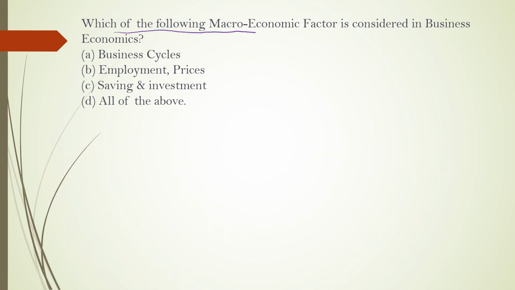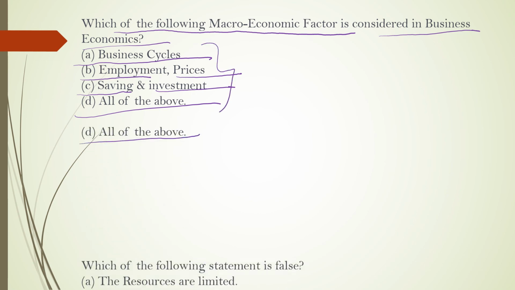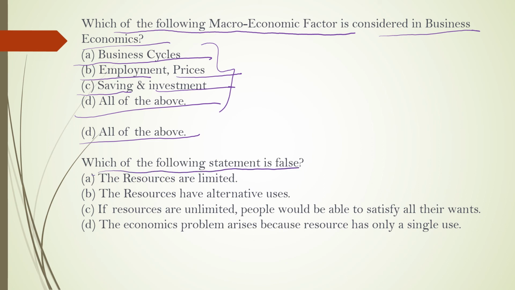Which of the following macroeconomic factors is considered in business economics? Business cycle, employment and prices, saving and investment, all of the above. All of the above; all these are macroeconomic variables. Which of the following statements is false?